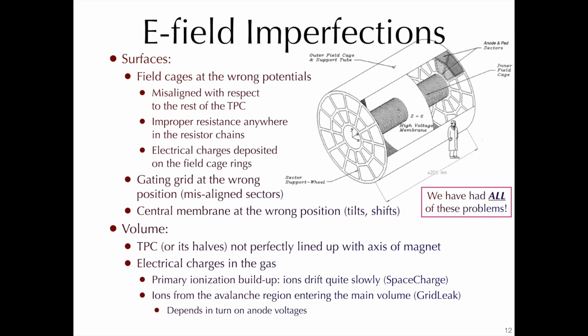So a couple ways this can happen is that within the TPC volume itself, the ions that are drifting towards the central membrane push away from each other, and they can get pushed out to the field cages as they push each other apart and then draw current out of the field cage that way. Instead of drawing current from the central membrane to neutralize, they draw current somewhere down the field cage. That can happen on the inside, and it can even also happen on the outside because the field cage rings are visible on both the inside and outside of the gas chamber.